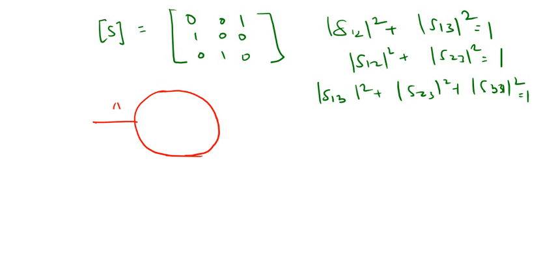Suppose this is port 1, this is port 2, this is port 3. So if the circulation is like this, then this is the scattering matrix.